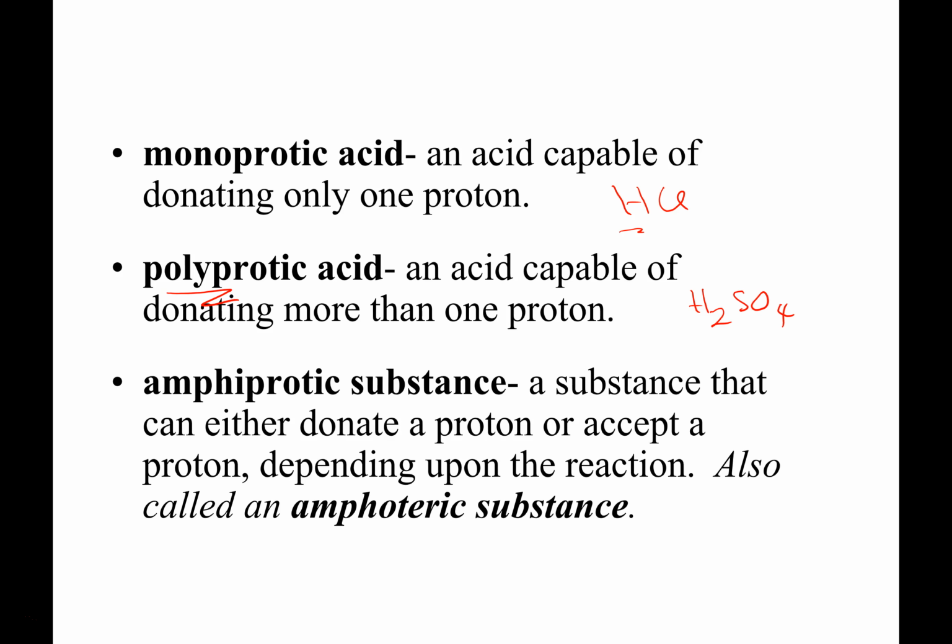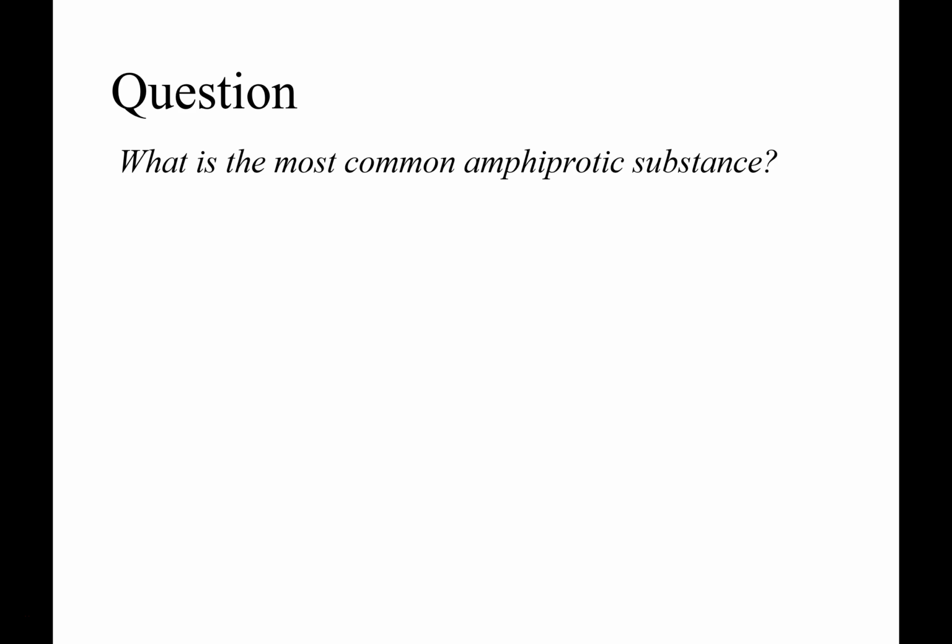Then another term, not related to monoprotic or polyprotic, is amphiprotic. Amphiprotic is really cool. It can actually be either an acid or a base. So it'll serve either as donating a proton, being an acid, or accepting a proton and being a base. I'll show you how that works. The most common amphiprotic substance is water.